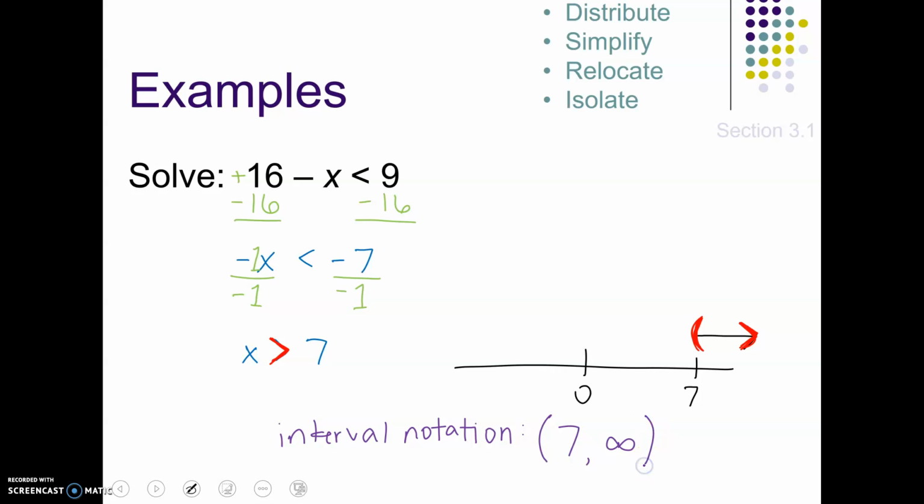And again, since infinity is not a number, I won't equal it. So when you have no equal sign on your inequality, you will end up with parentheses because you cannot equal it. So again, infinity cannot be equal to, so we use parentheses. So again, the big new thing here is that when we divide by a negative sign, our inequality switches.